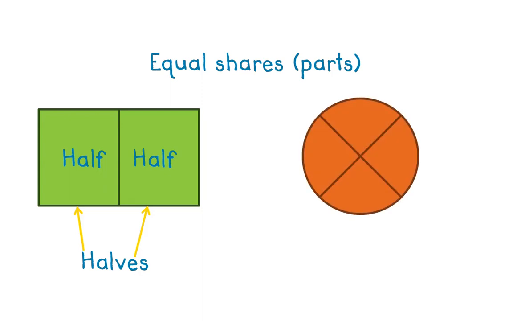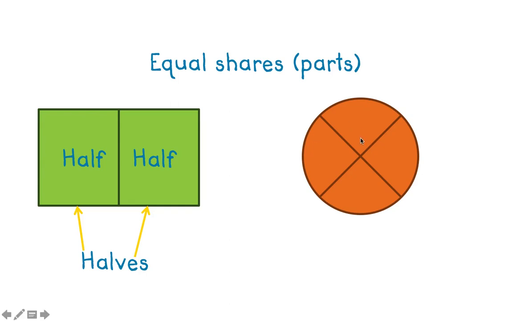This circle is cut into 4 equal parts. I want you to notice that I always mention equal parts, not any parts. The parts must be equal. It has 4 equal parts, but what do I call one part of this?